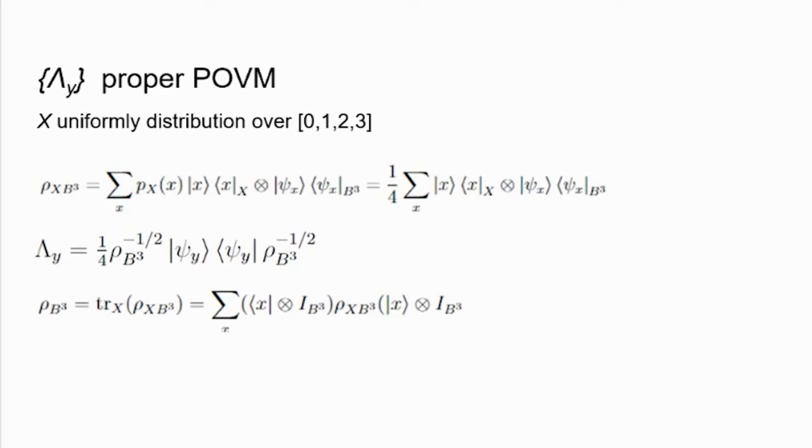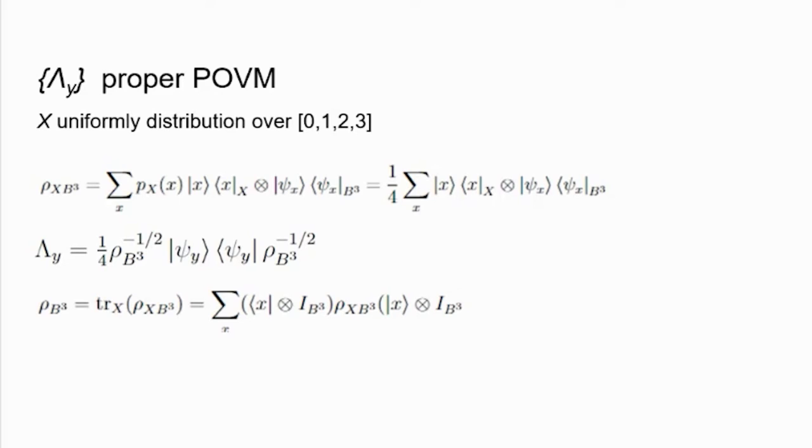Unfortunately, none of us was able to prove this, or even to calculate rho b to the third. It's given here in this formula, but nobody was able to calculate rho b to the third, or to then calculate the pseudo-inverse. So this is a property that we were not able to prove.